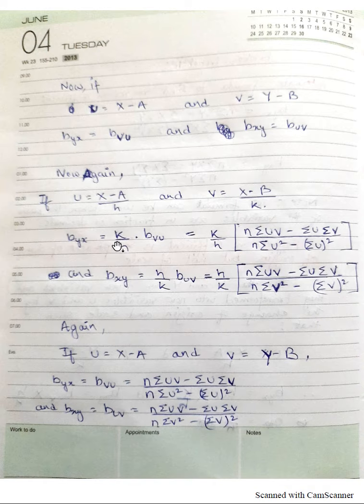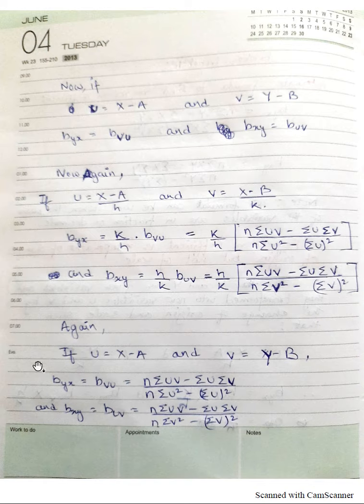Then byx will be equal to k divided by h into bvu, which is k divided by h into n summation uv minus summation u summation v divided by n summation u square minus summation u whole square, and bxy will be equal to h divided by k into buv, which is h divided by k into n summation uv minus summation u into summation v divided by n summation v square minus summation v whole square. So this formula holds when the origin and scale both are changed for the given variables.